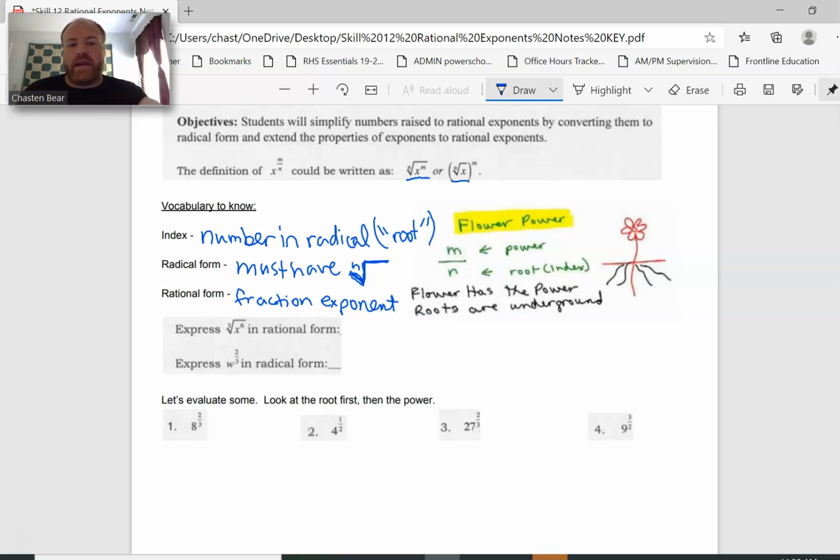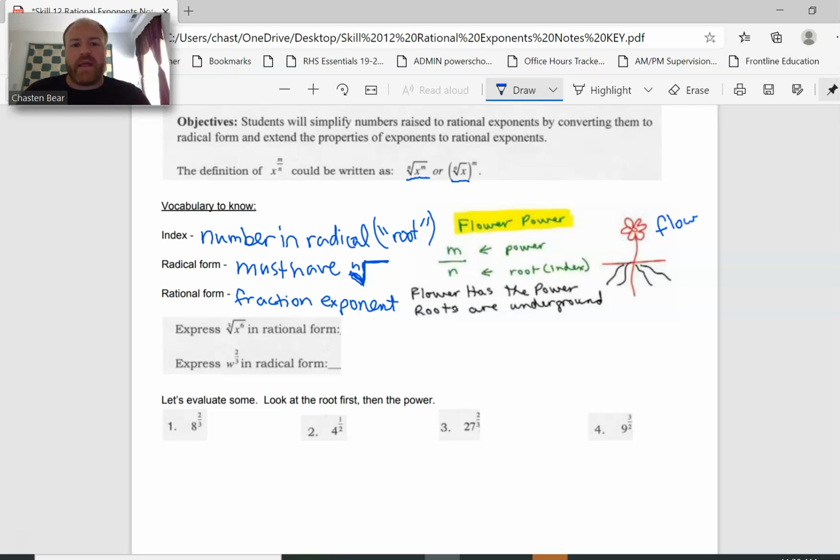Actually, I'll explain it right now. A way to help students remember how to write the rational exponent, I use the analogy of flower power. The fractional exponent has a numerator and a denominator, so think of it like the flower. The numerator is where the power is held, and flowers grow up out of the ground.